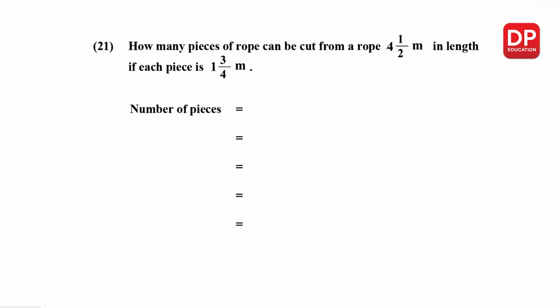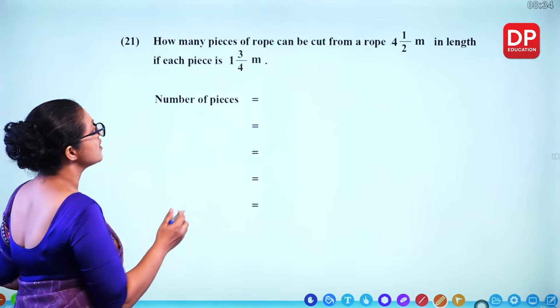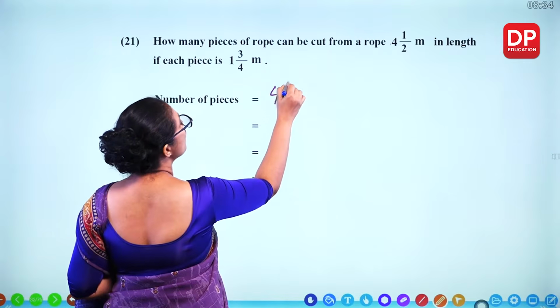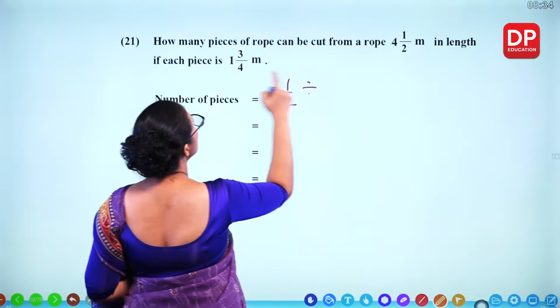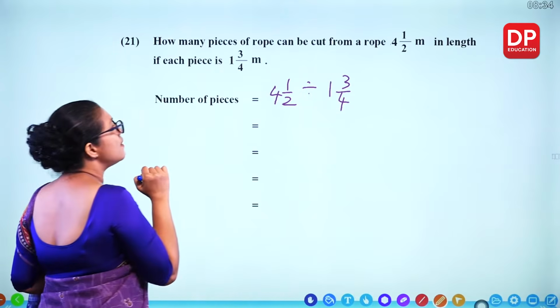Look at this question. How many pieces of rope can be cut from a rope 4.5 meters in length if each piece is 1 and 3/4 meters? So again, this is division. Total length is 4.5 and you want to cut 1 and 3/4 pieces.